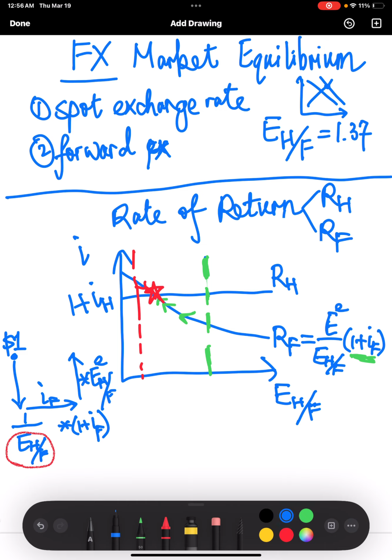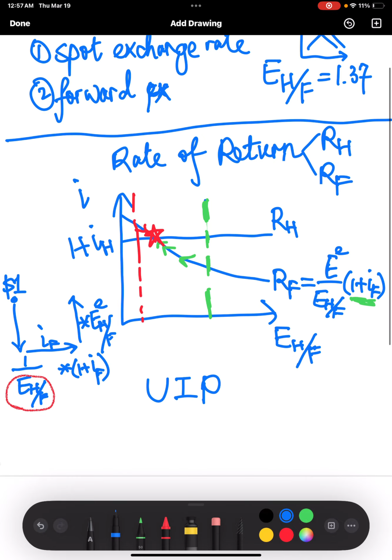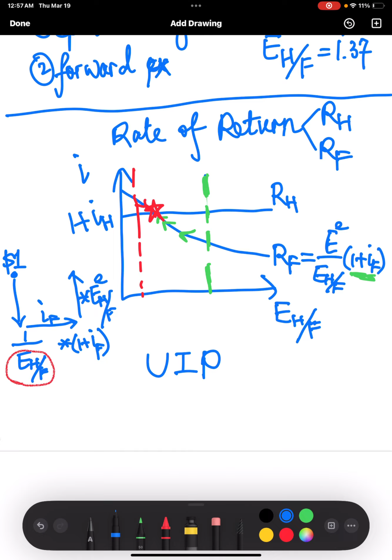And this equilibrium has a name, which is called uncovered interest parity. That just means that the two returns are equal to each other.